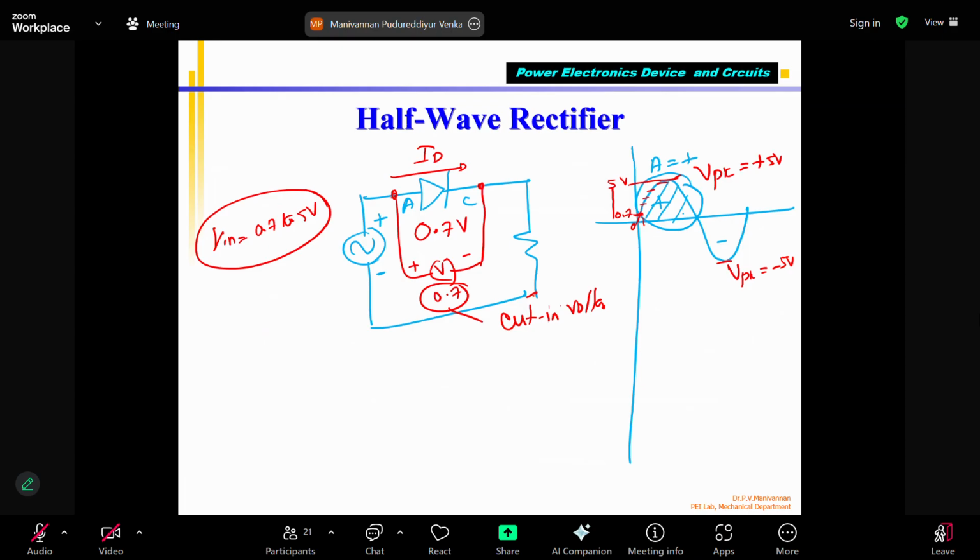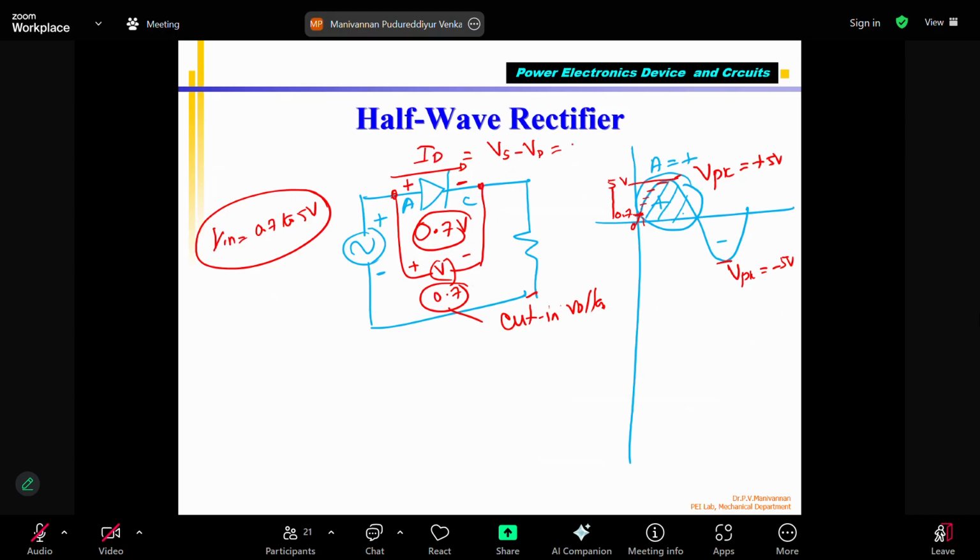Your question is, when you apply negative, what will happen? During the positive half cycle, the anode is positive and the cathode is negative, above 0.7 volts, so the current ID is flowing. ID equals V supply minus V diode. V diode equals 0.7 volts once it is conducting.